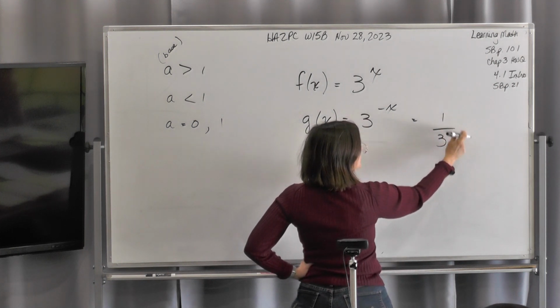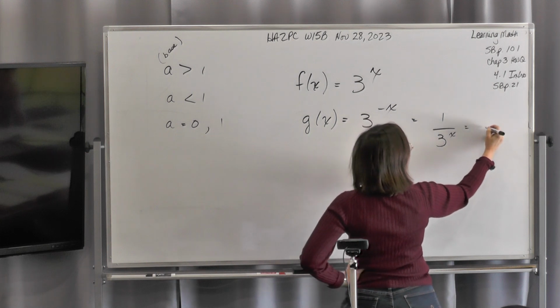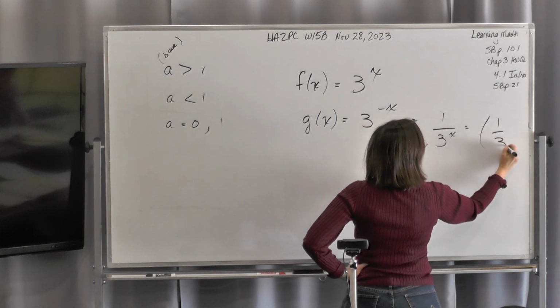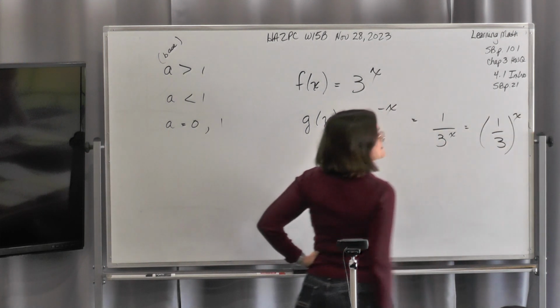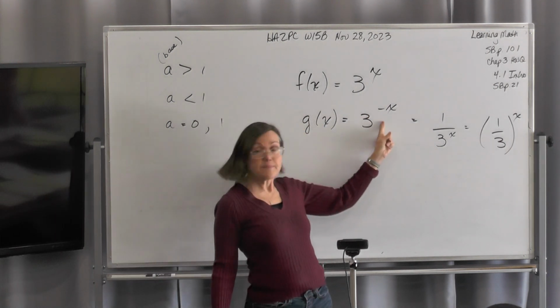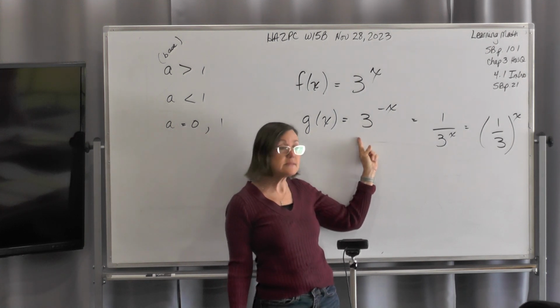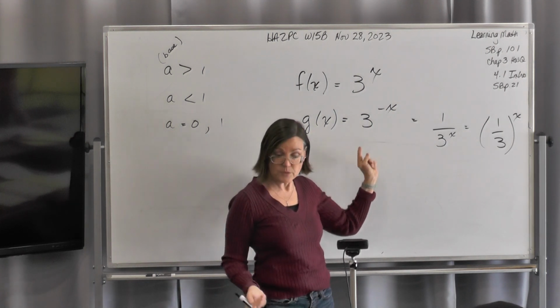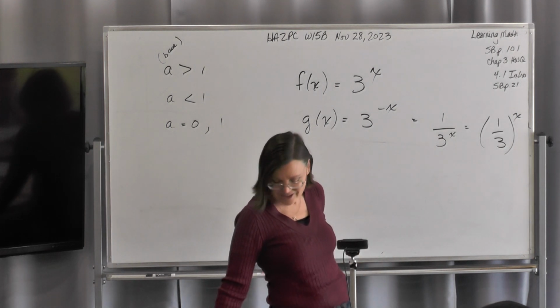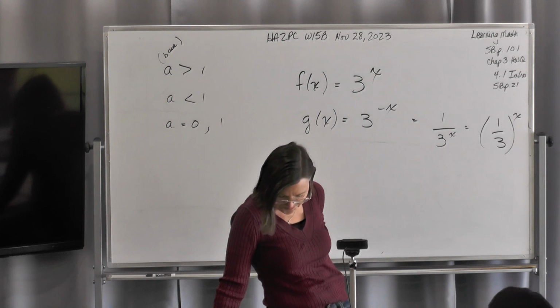Notice that by virtue of the fact that that's a 1, it's really the same as 1/3 to the x, okay? So you're going to see that pattern that if I make my exponent negative, it's just the same as making my base the reciprocal. I'm taking the reciprocal of the base. And take a look at the difference in the graphs at the bottom of page 303.